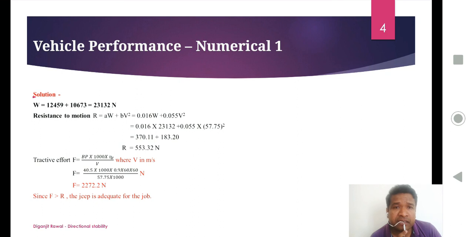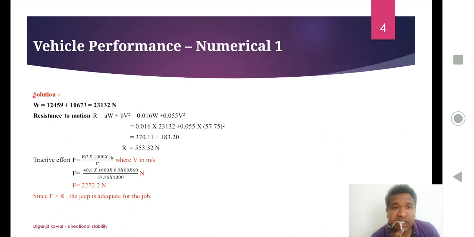Next, we have to calculate tractive effort. So F is equal to BP into 1000 into transmission efficiency divided by V, where V is in meter per second. We know the value of BP, the transmission efficiency, and capital V. So putting all these values in the equation, F is equal to 40.5 into 1000 into 0.9 into 60 into 60 divided by 57.75 into 1000.